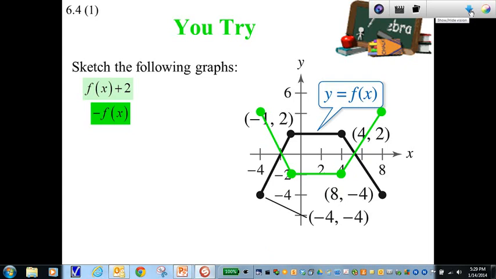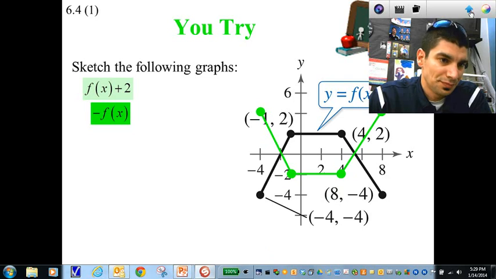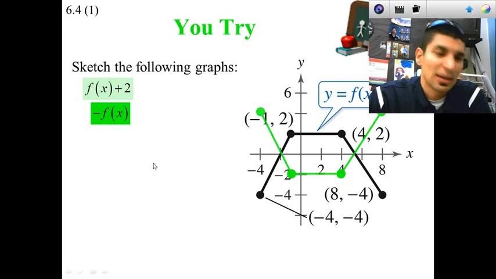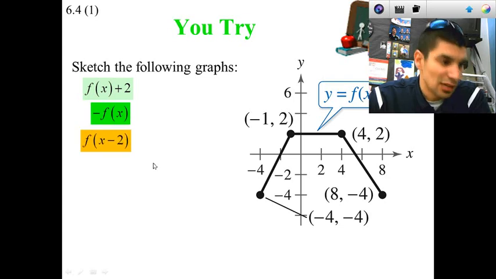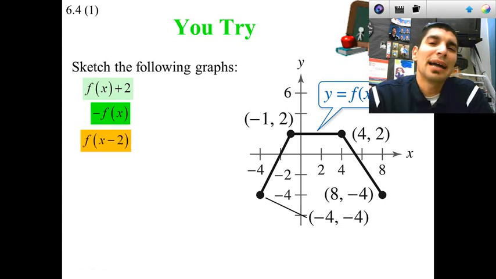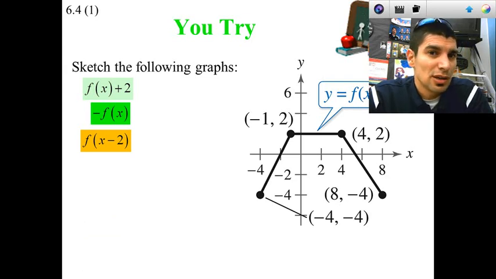Let's try another one. Get rid of that green one. Here's the new one. Here's the yellow one. F of x minus 2. F of parentheses x minus 2. Notice that the x minus 2 is in parentheses. 10 seconds to discuss what you think is going to happen to this graph.